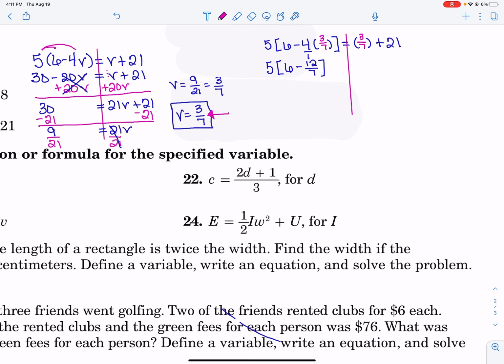All right, so if I want this 6 to be over 1, I'm going to have to multiply it by 7, but whatever I do to the denominator, I have to do to the numerator. So I will have 5 times 6 times 7 is 42 over 7 minus 12 over 7. 42 minus 12, that gives me 30 over 7.